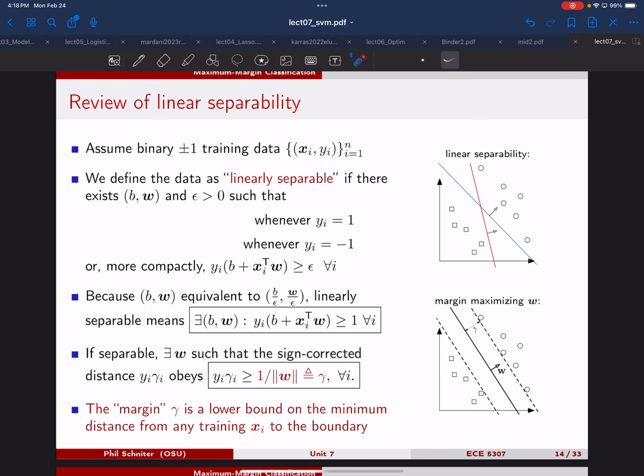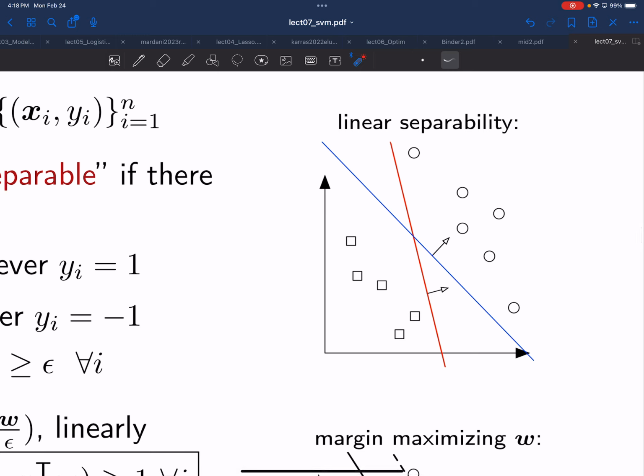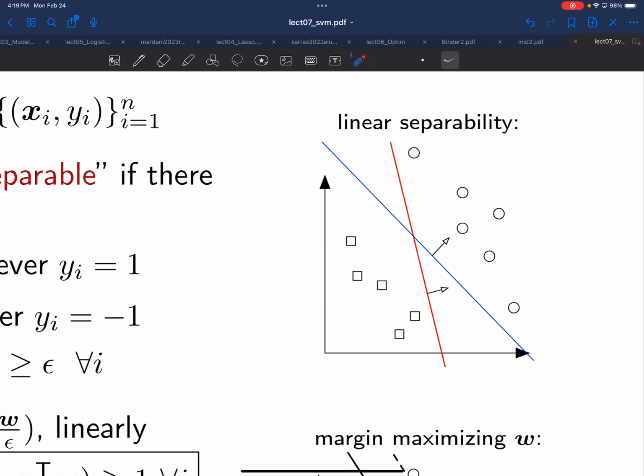So from a visual perspective, we say that a training data set is linearly separable if you can find some boundary for which all points in one of the classes are on one side and all points in the other class are on the other side of the boundary. So this would be an example of a linearly separable data set.